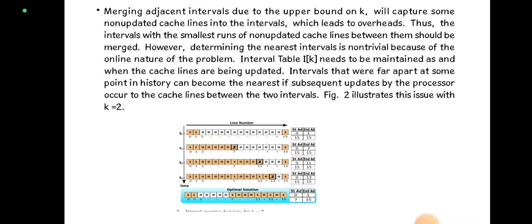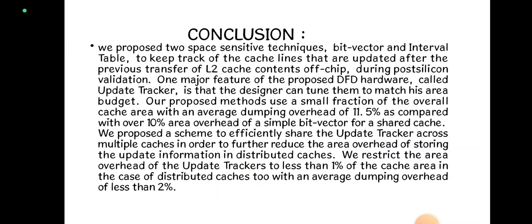However, determining the nearest intervals is non-trivial because of the online nature of the problem. The interval table needs to be maintained while the cache lines are being updated. Intervals that were far apart at some point in history can become the nearest after subsequent updates by the processor occur to the cache lines between the two intervals.